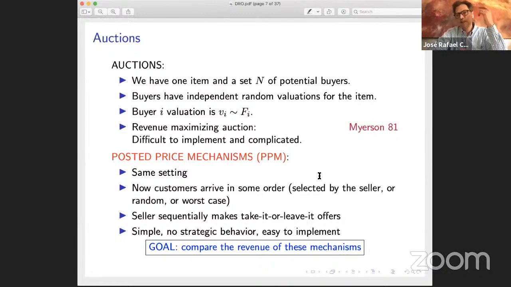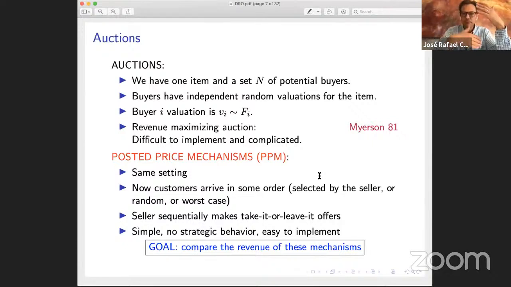That's one thing. And on the other side, you have what we call a posted price mechanism, which basically says now customers arrive in some order, and you can only make take it or leave it offers. So you make every customer a take it or leave it offer. They can either take it or leave it. And what you get is the price paid by the customer that bought the item.